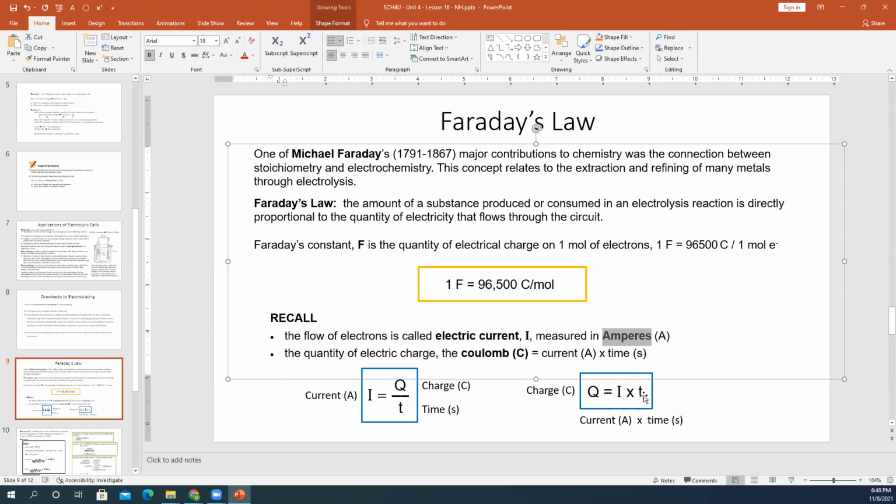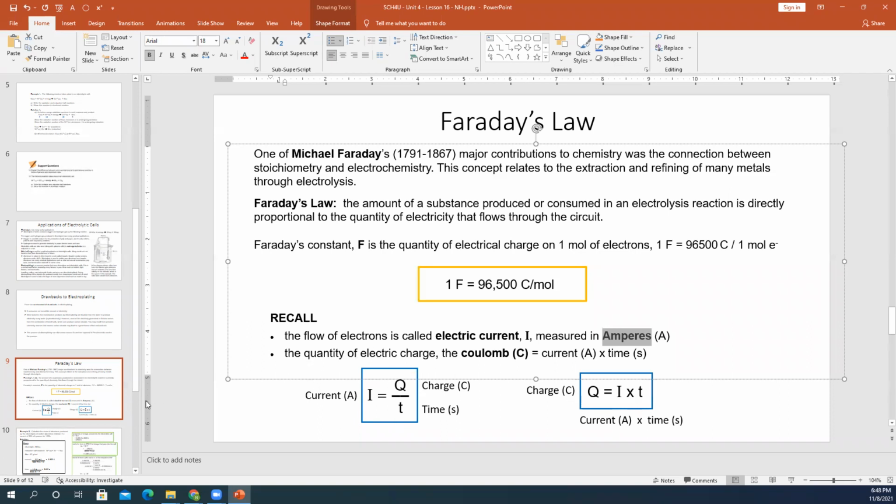Time is always given the symbol lowercase t, and the standard unit for measuring time is seconds. So coulombs equals amperes times seconds, or amperes equals coulombs per second if you rearrange this equation.